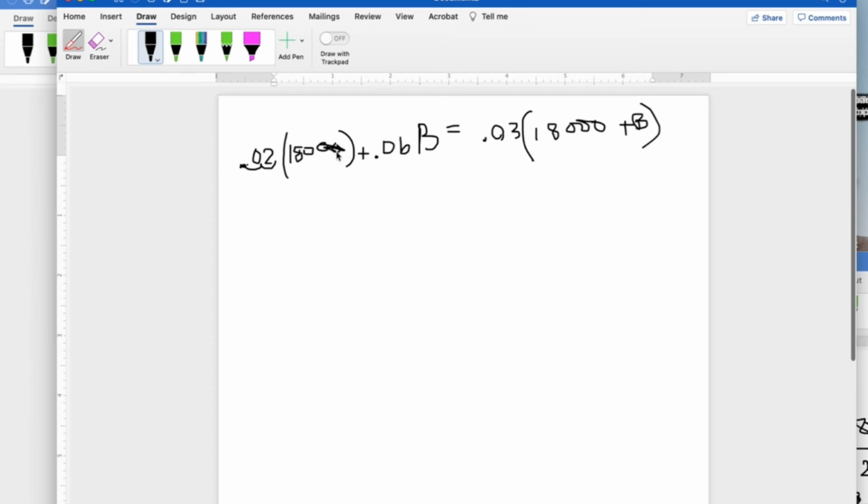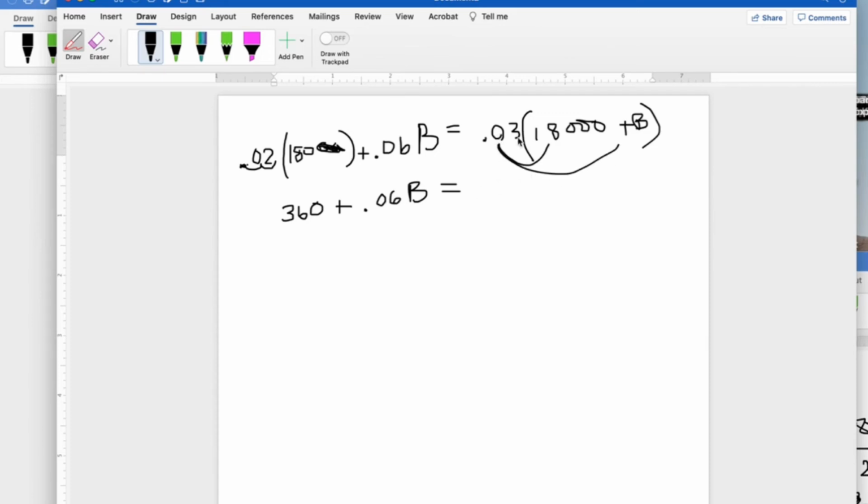Get rid of those two zeros, because we multiplied that by 100 and divided by 100. So now we have 2 times 180, which is 360, plus 0.06B. We're kind of stuck with that right now because we don't know what B is. Equals.